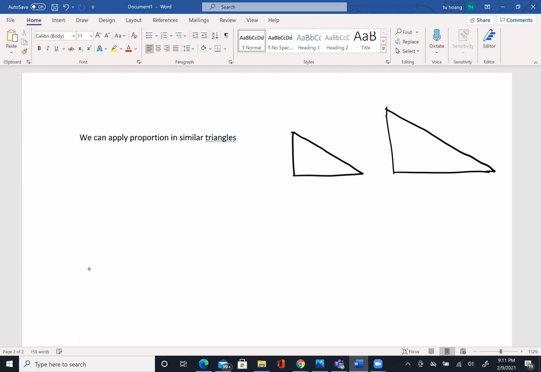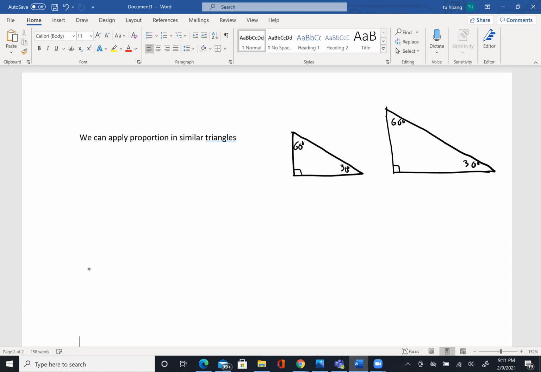These two right triangles are similar. Say this is, I don't know, 60 degree, 60 degree, 30 degree, 30 degree.